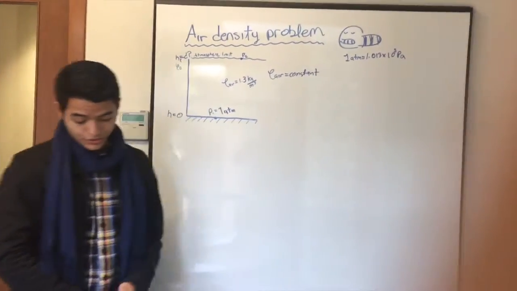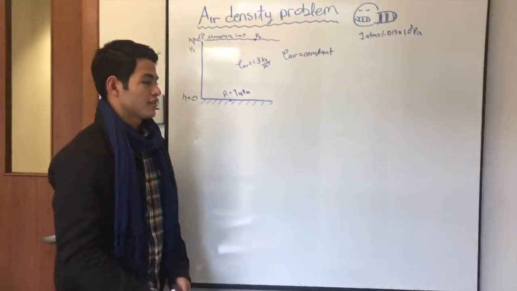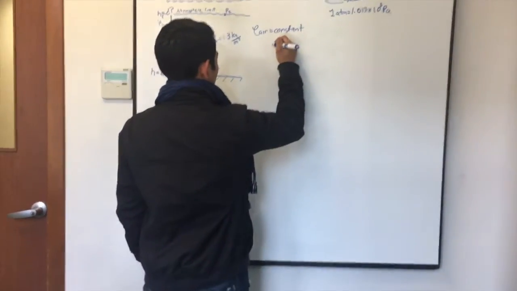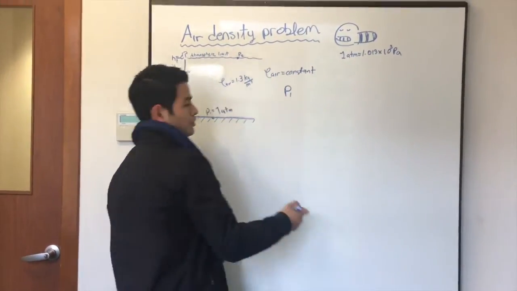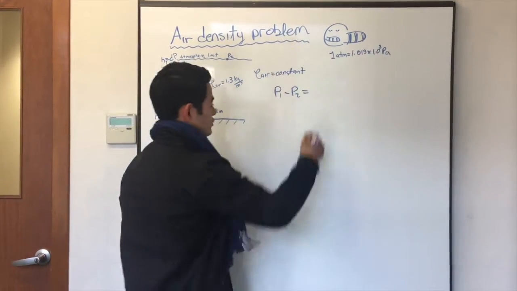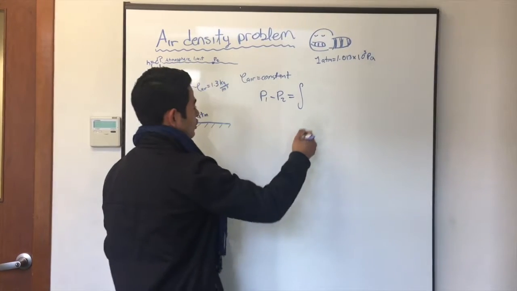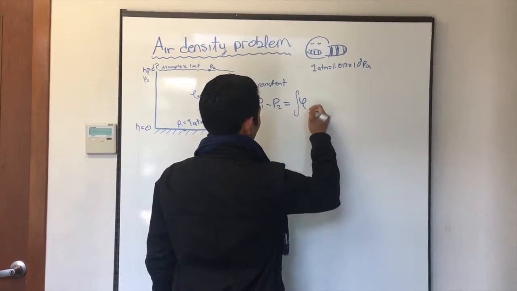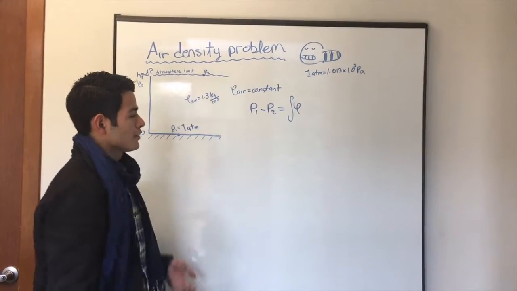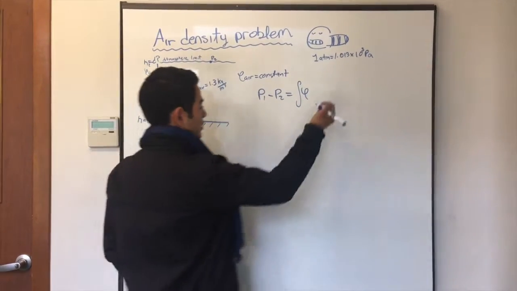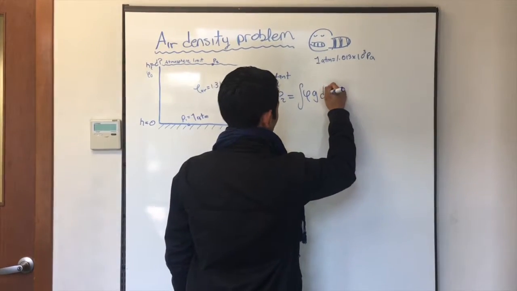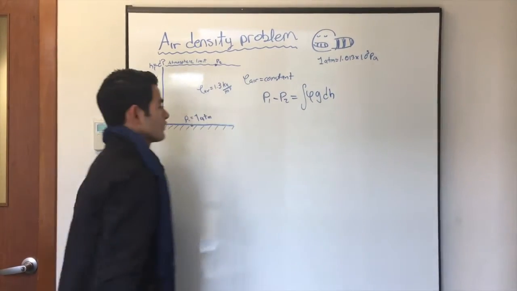The first thing we need to do is to take the Pascal's principle, saying that the pressure P1 minus the pressure P2 is equal to the integral of rho of the fluid, that in this case is the air, times the gravity times the differential of the height.